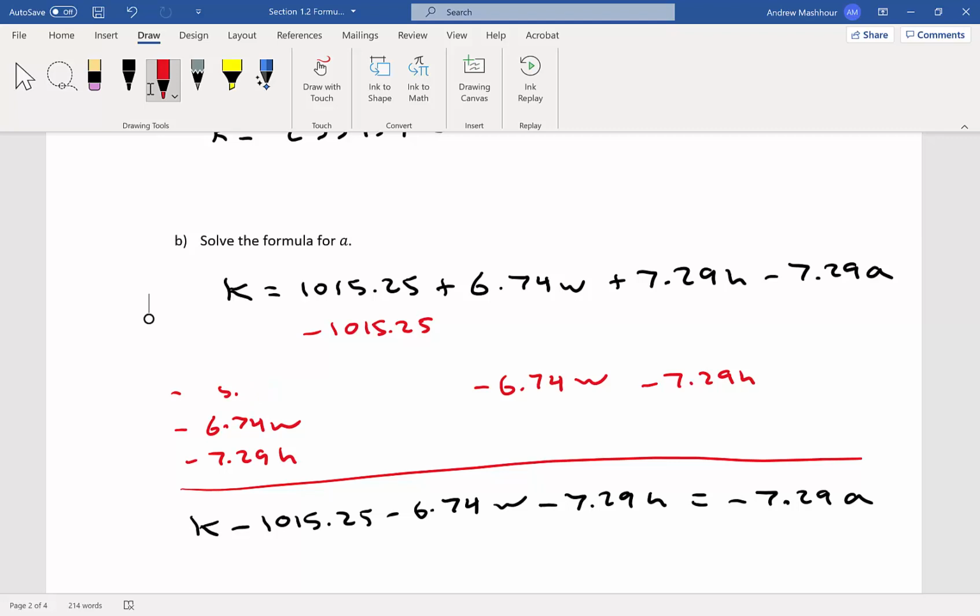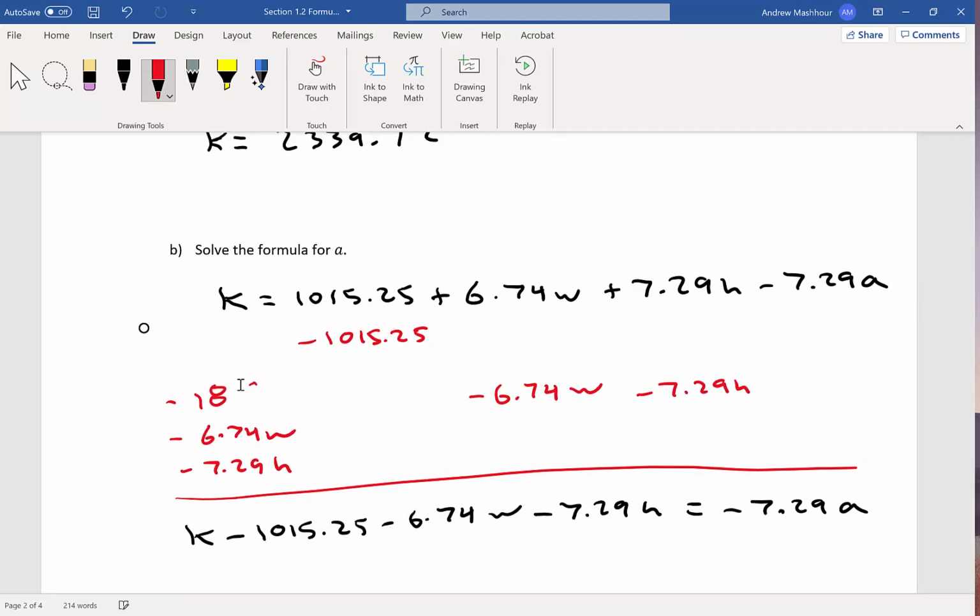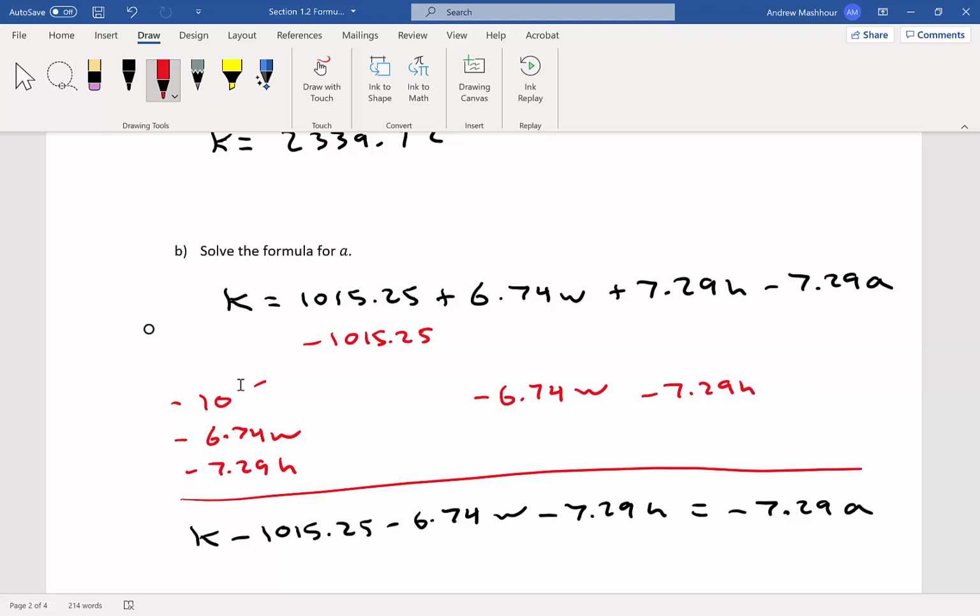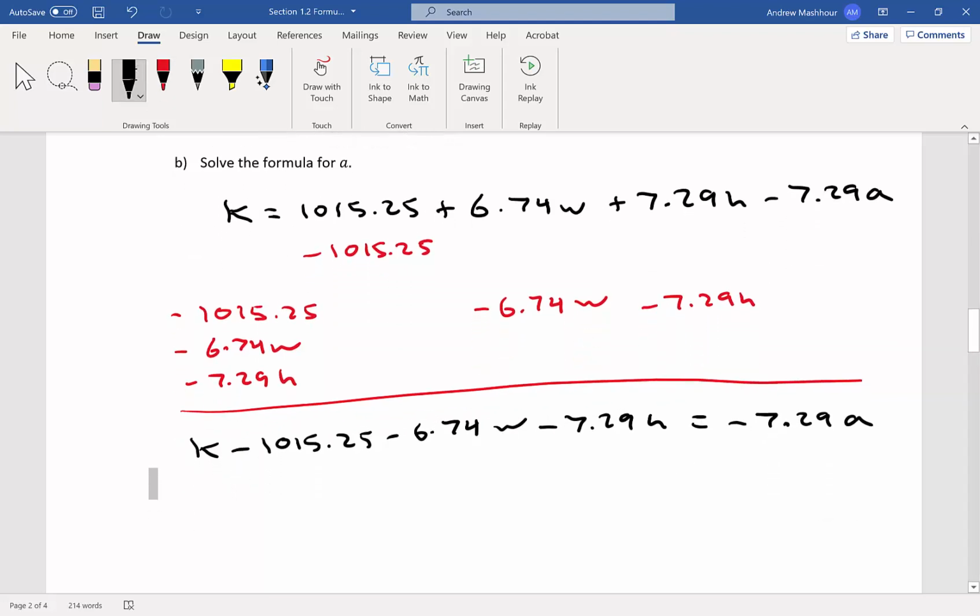Let me just rewrite this part so it looks a little bit more clear. Now, we're not quite finished solving for A yet. Notice how we have that negative 7.29 in front of it. So this is negative 7.29 times A. If I want to get A by itself, I'm going to divide both sides by negative 7.29.